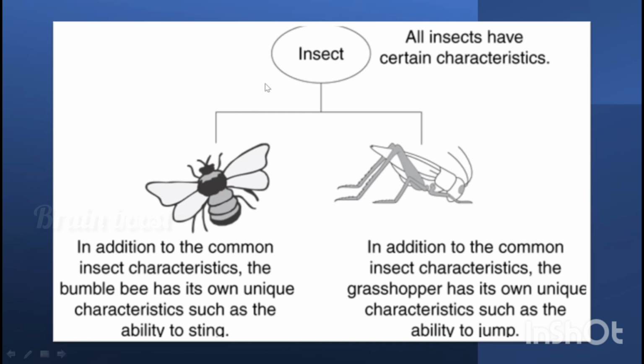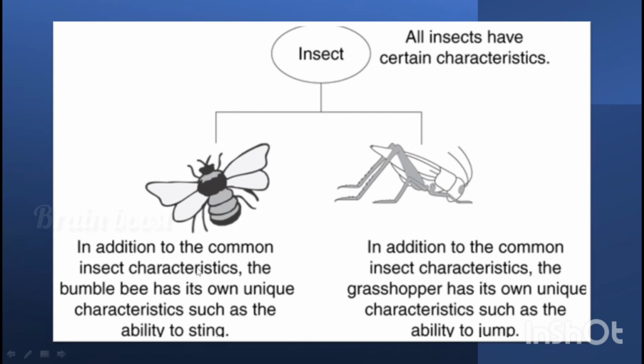Next is another example of inheritance. See the insect. All insects have certain characteristics. Here there are two insects, one is a bee and one is a grasshopper. The bee and the grasshopper have their own unique characteristics and also special characteristics.